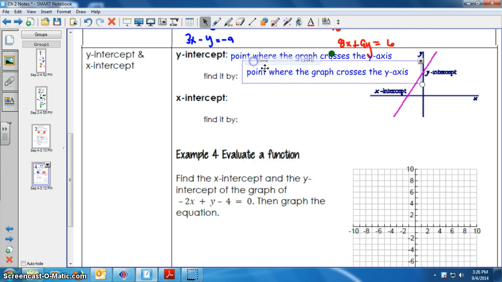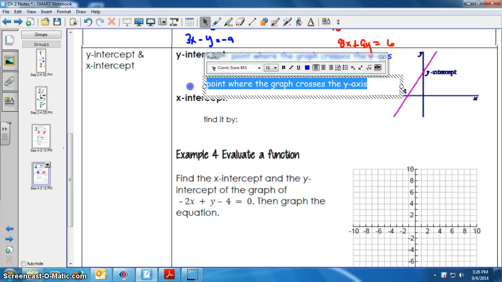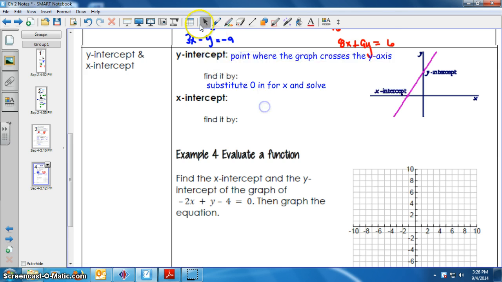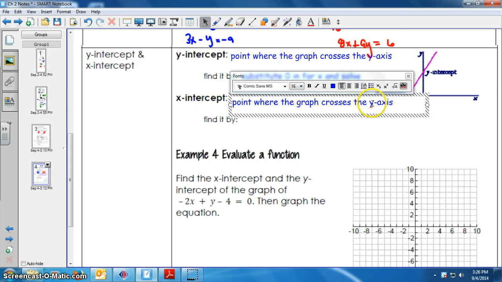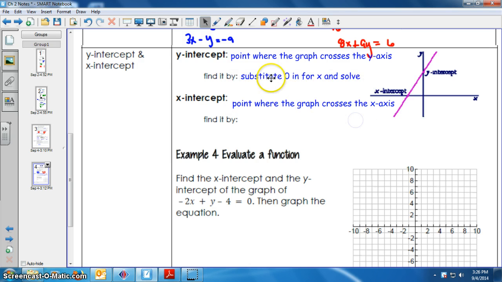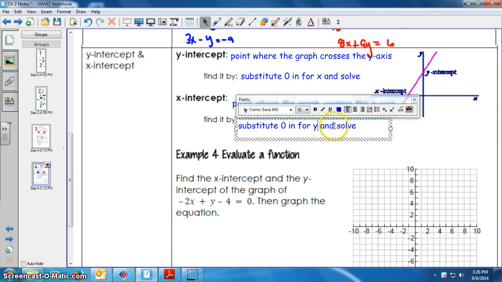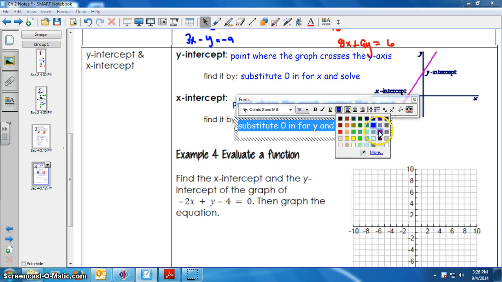And how we find that is to substitute 0 in for x and solve. So if we're looking for a y value, we plug in 0 for the one that we're not looking for. And for our x-intercept, that's just where it's going to touch that x-axis. And we do the same thing, only this time we're substituting 0 in for y. We'll change our colors there.